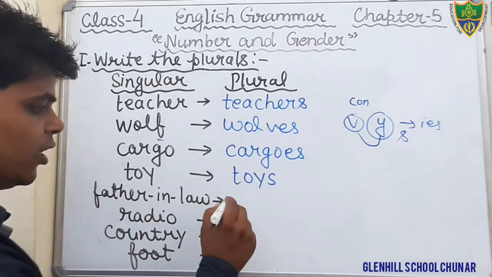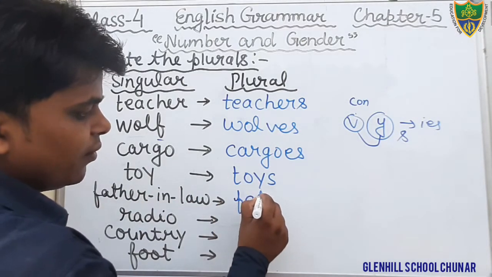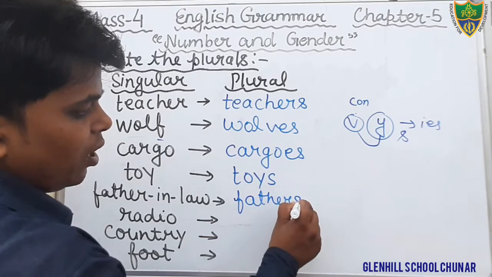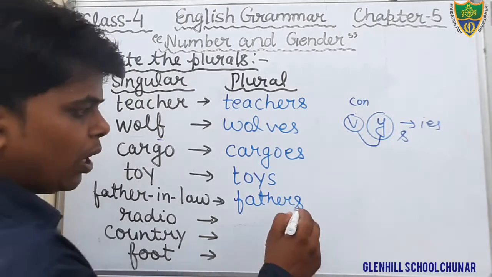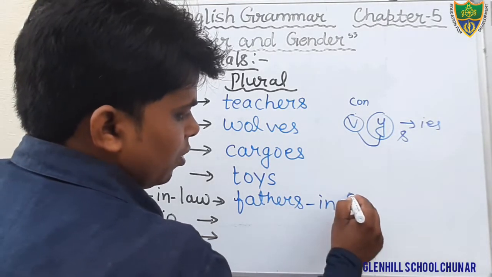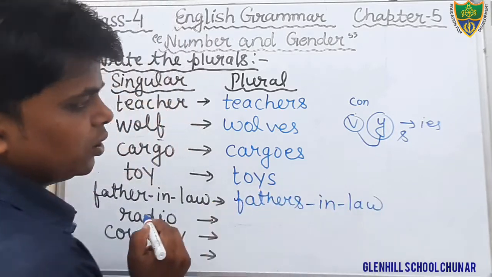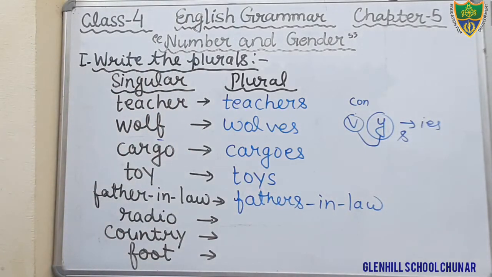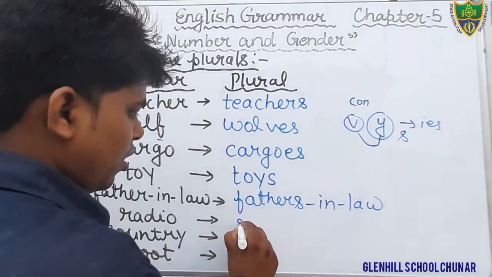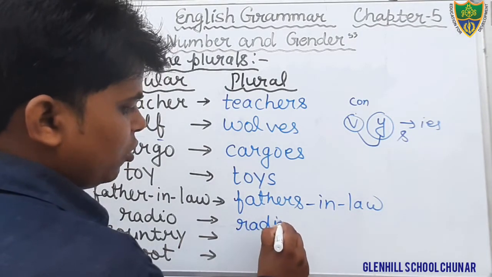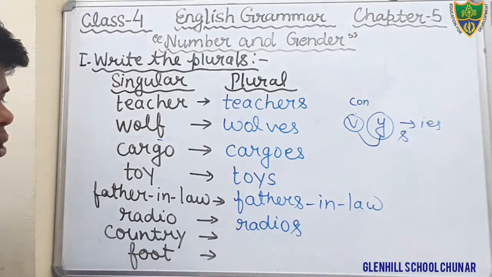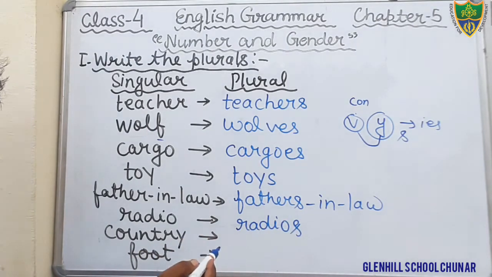Father-in-law. Here father is singular. We have to make plural. Fathers-in-law. That is plural. Just write it. Radio is given here, R-A-D-I-O. Radios is plural. We will add here only S to make plural.